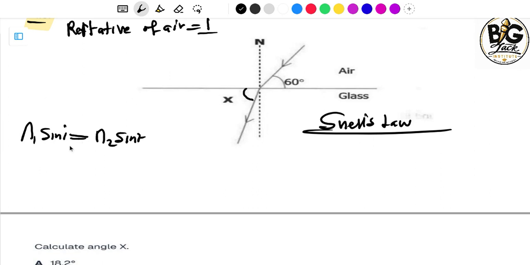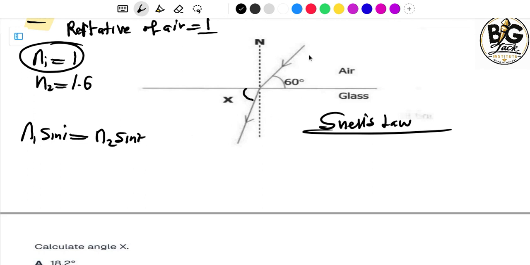So this is what we have. n1, or n incident, is representing 1 because this is the refractive index of air. Then n2 is representing the refractive index of glass, which is 1.6. Then this is the angle of incidence, and this is the angle of refraction.